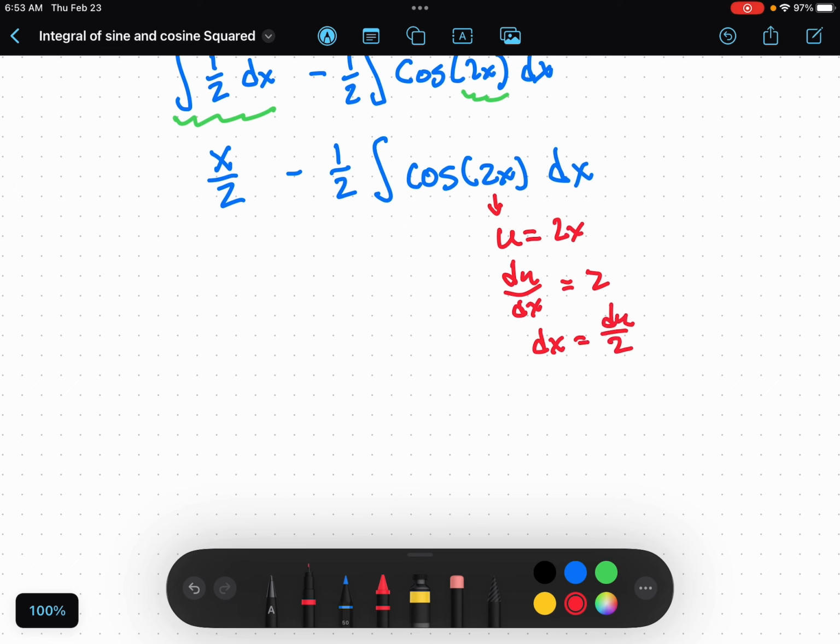So now I can write a new indefinite integral. I've got my x over 2 still, minus. Then I've got my 1/2. My new integral will be the cosine of u times du over 2.